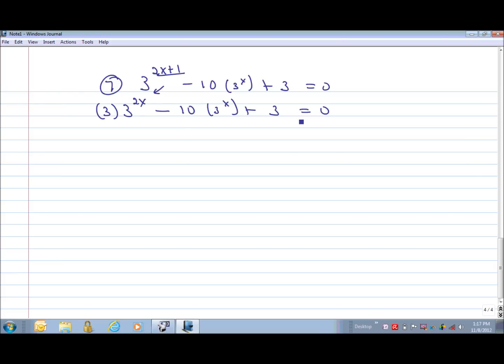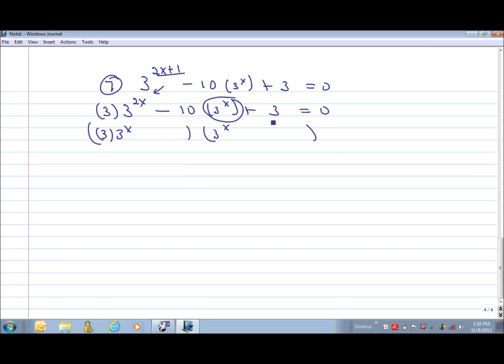All right, the next thing we're going to do is keep this 3, but we're really going to factor. So we're going to keep the 3 out here, but we really have 3 to the x and 3 to the x. If we have 3 to the x and 3 to the x, then that's going to give me 3 to the 2x. That's also going to allow me to use this 3 to the x in the middle.